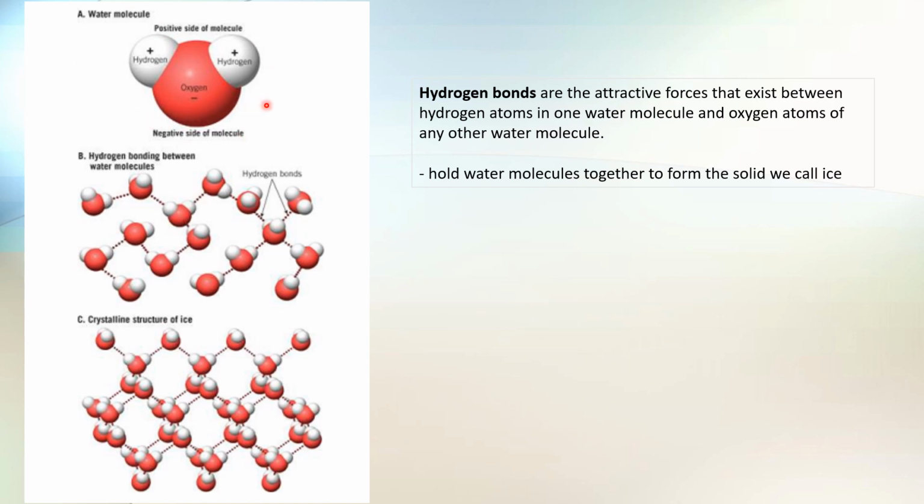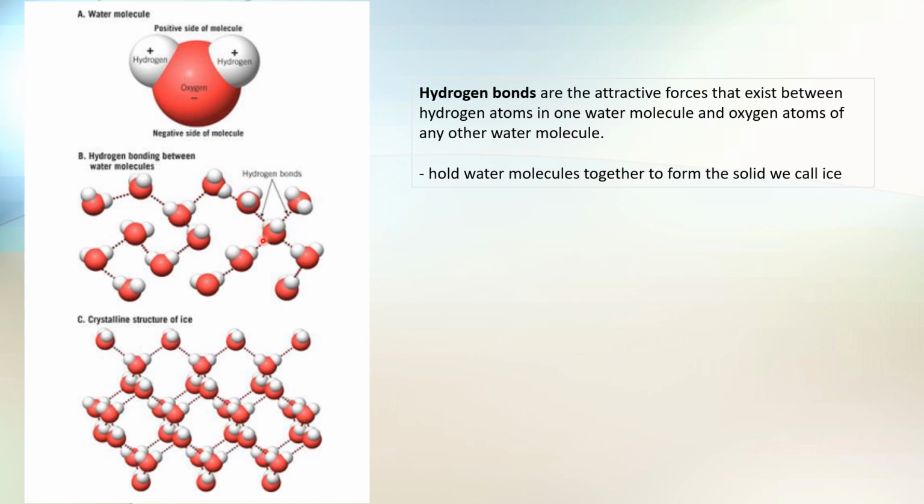this is figure A, the water molecule. It has one oxygen atom and two hydrogen atoms. Below this is the hydrogen bonding, the water molecules that are bonded with hydrogen bonding. As you can see, the water molecules are joined together. These lines are the hydrogen bonds.